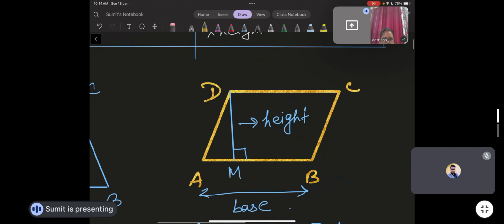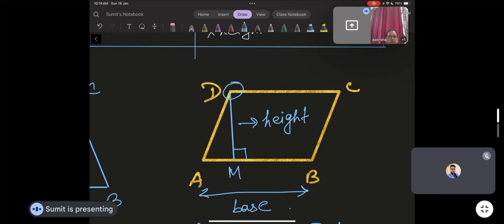If you see a parallelogram like that, then from a vertex D, a perpendicular is drawn on the other side AB, and that will be considered as a height, because perpendicular মানে আমরা কোনো সময় height বুঝি. The perpendicular distance is called the actual height.